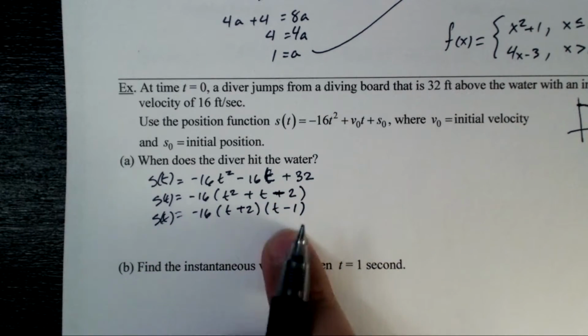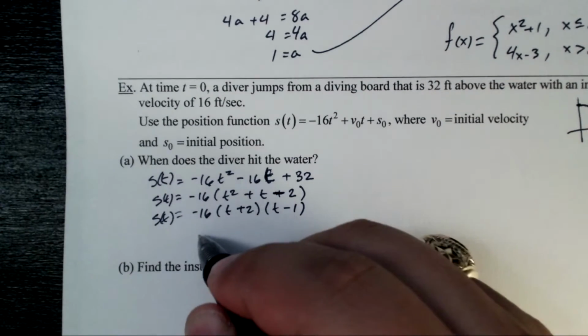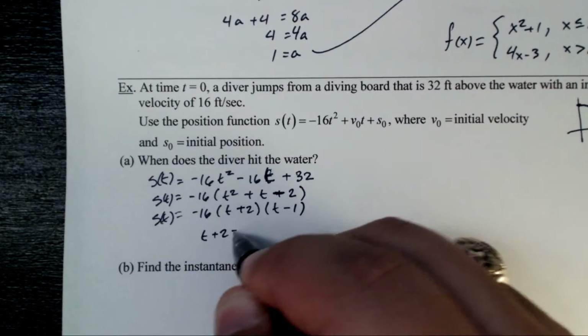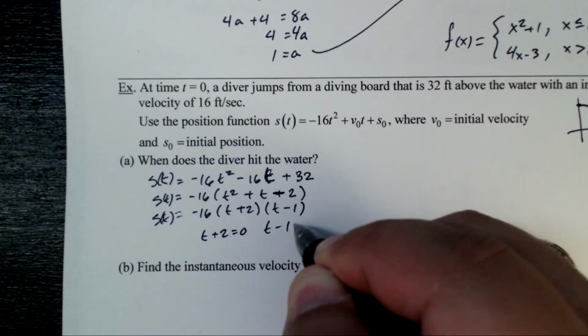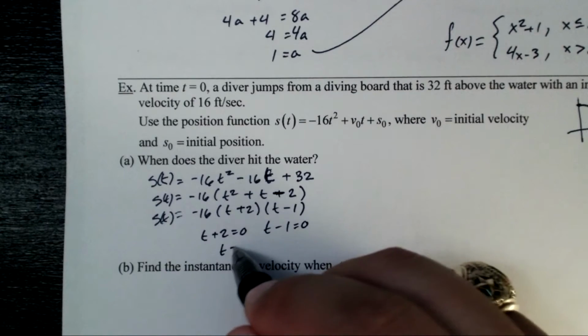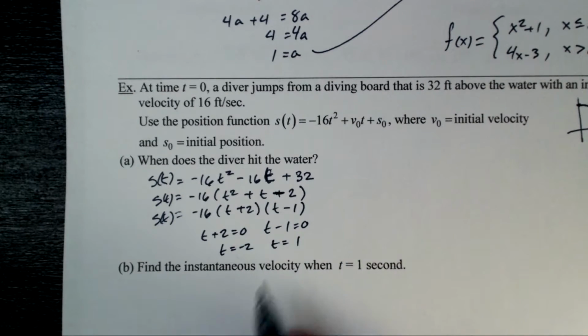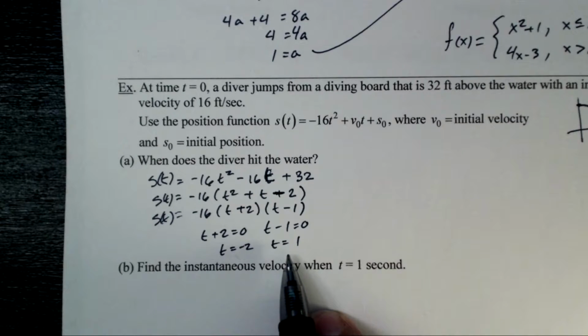Now, what we're looking for is when this is equal to 0. So t plus 2 equals 0 and t minus 1 equals 0. This one will give us t equals negative 2, and this one will give us t equals positive 1. Clearly we can't use time equal to negative 2, because that would be going backwards in time. So t equals 1 is when it happens.